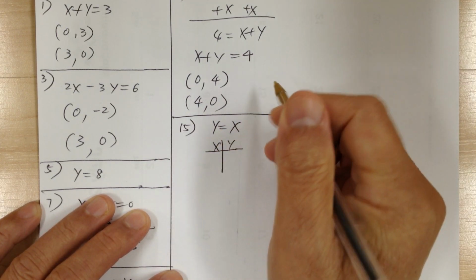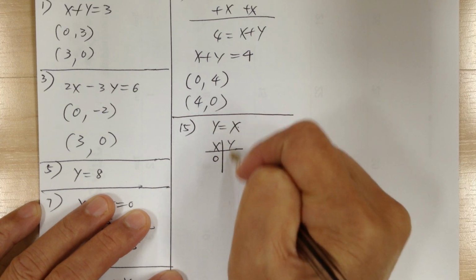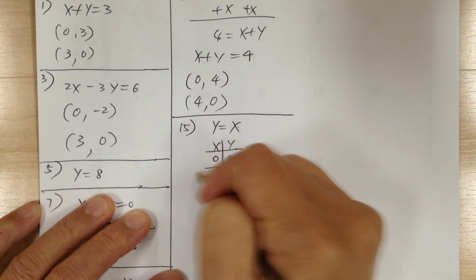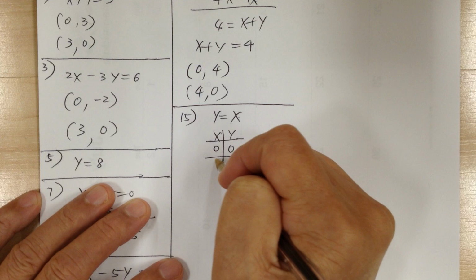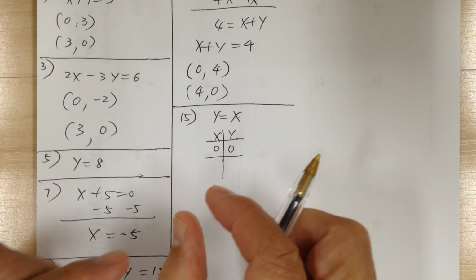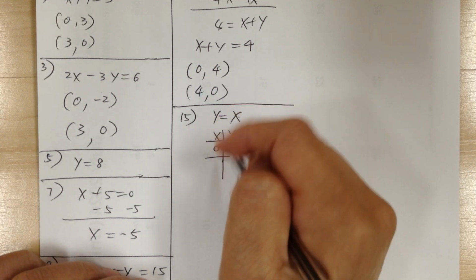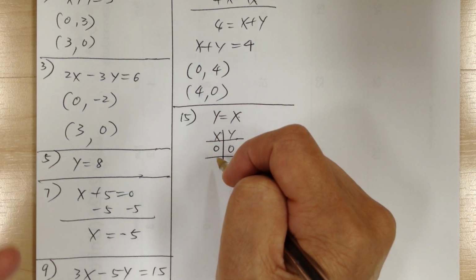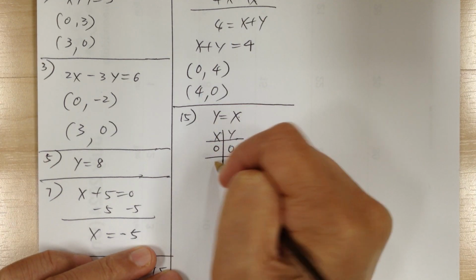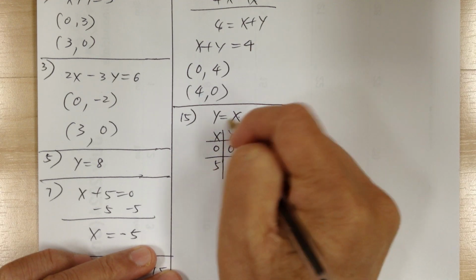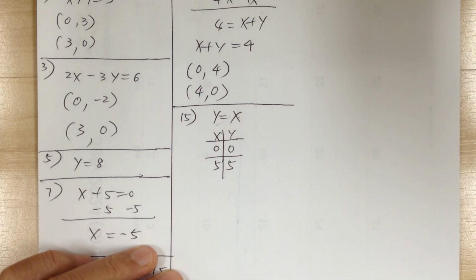When x equals 0, then y equals 0, right? You can choose any number, but you don't want to use 1 because the two points are too close together, and it's hard to get an accurate line. So maybe choose a mid-range number, like 5. When x equals 5, since they're equal, you get 5, 5, right?